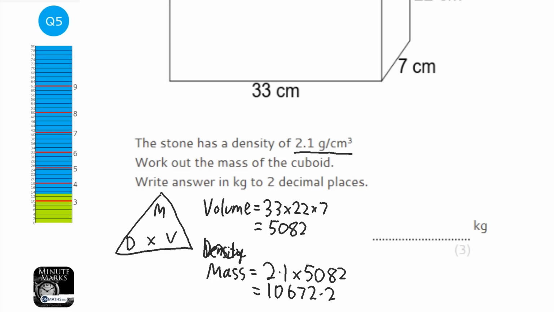Now check out the unit of mass in the density. It's grams per centimeters cubed. So that's going to be grams. Now be careful because the answer is wanted in kilograms. So I'm going to divide that by 1,000 to get it in kilograms. And it says to 2 decimal places. So it's going to be 10.67.